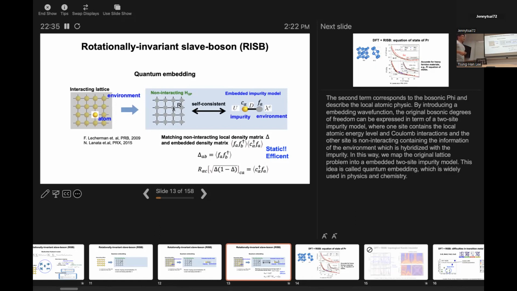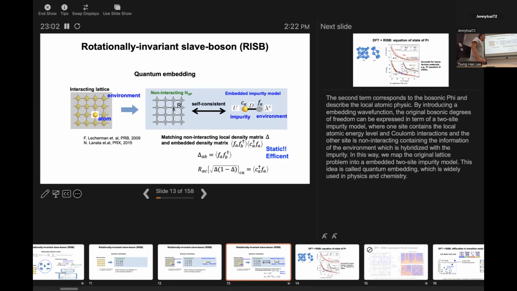Therefore, we only need to compute this static density matrix, which makes our algorithm more efficient. Another efficiency comes from the impurity model, where we only need to solve this two-site impurity model instead of the Anderson impurity model, which also makes this approach highly efficient.